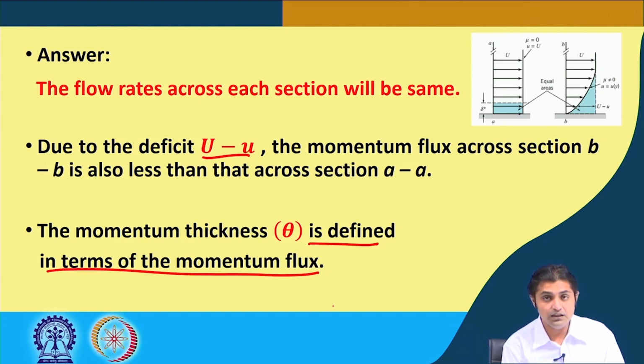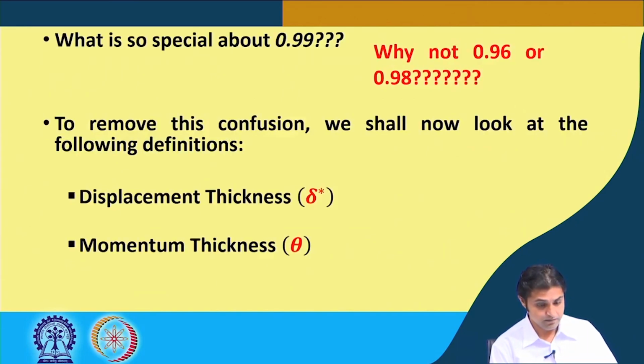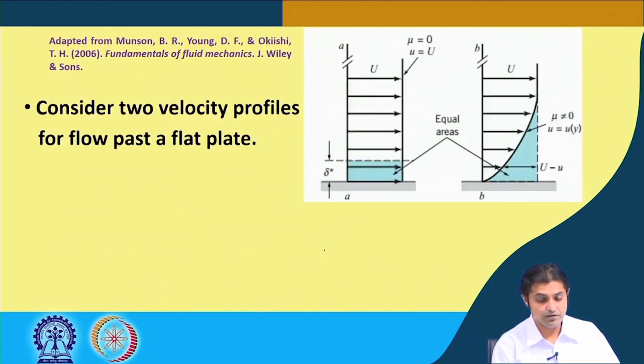So, we saw the boundary layer thickness, we saw the displacement thickness, the phenomenon, and we saw what a momentum thickness is.